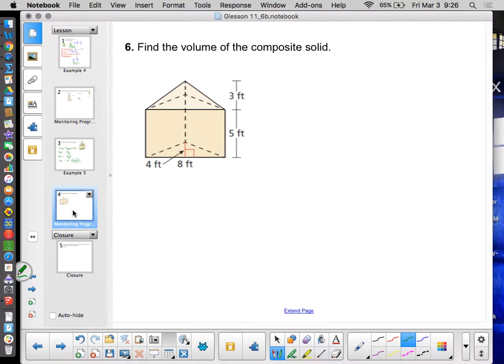This is a little bit trickier to see, but we have a triangular-based pyramid on top of a triangular-based prism. It's okay. My strategy is still the same.